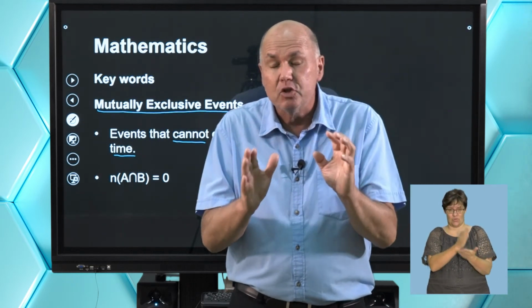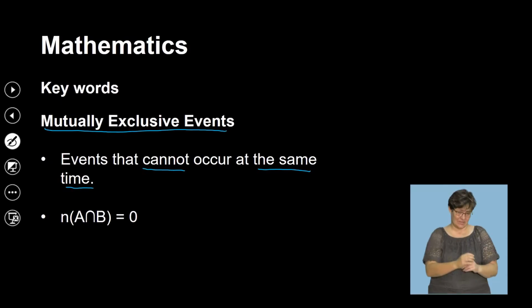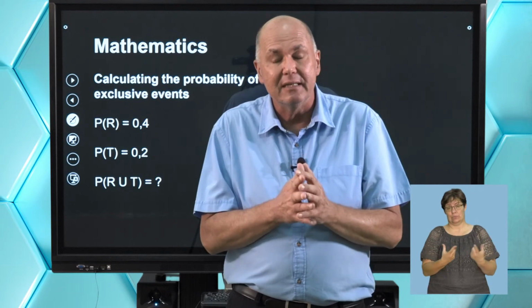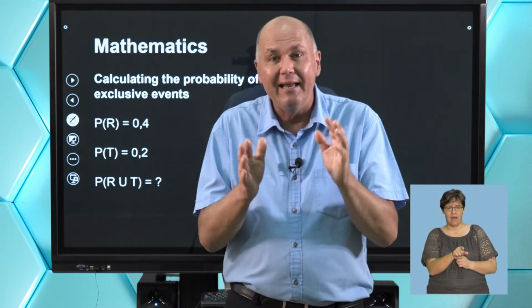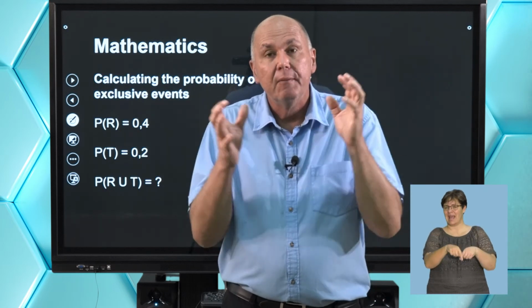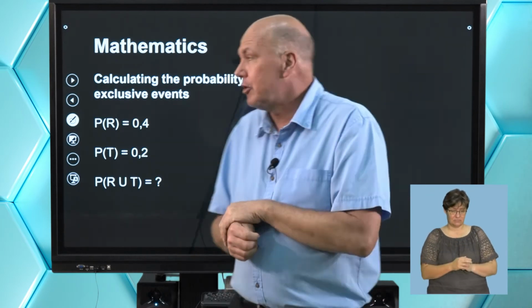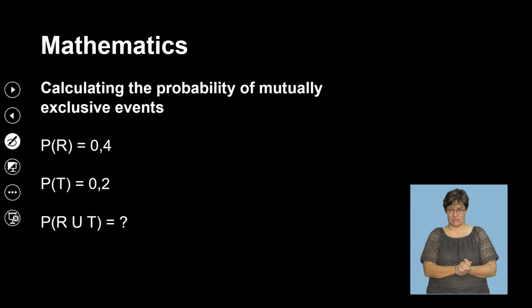They cannot take place for one die at the same time. So please make sure you've got this very clear in your head. Now, we often need to test if something is mutually exclusive. And so we're going to do a little exercise that helps us understand the union of two mutually exclusive sets. Have a look at the data first of all. The probability of R is 0,4. The probability of T is 0,2.